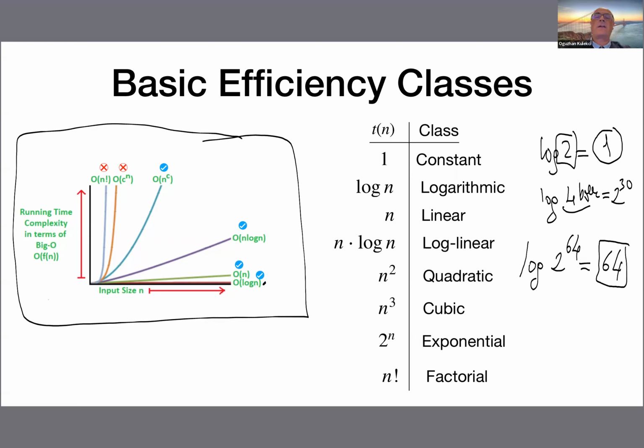But that is why the logarithmic complexity is very much desired in algorithmic design. I'm not even talking about the constant one. The constant means the input size will have no effect on the output, okay? It doesn't matter if you provide me an array of size 10 or 10 billion or 100 billion, the answer will be always provided in the same amount of time.